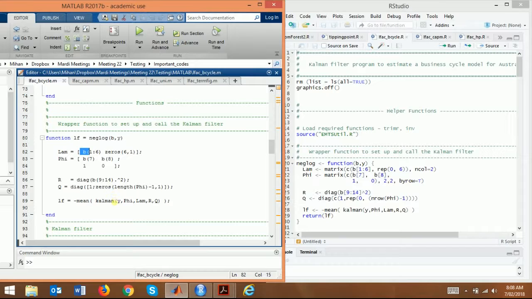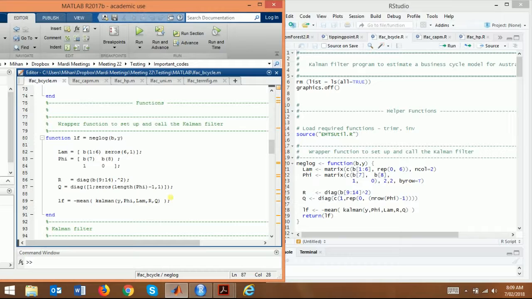Then Q is diagonal, with zeros equal to length of phi minus 1 rows and 1 column, as an identity matrix. The length of phi is 2, minus 1, so 1 row and 1 column. The diagonal ones will be in 1 row and 1 column.